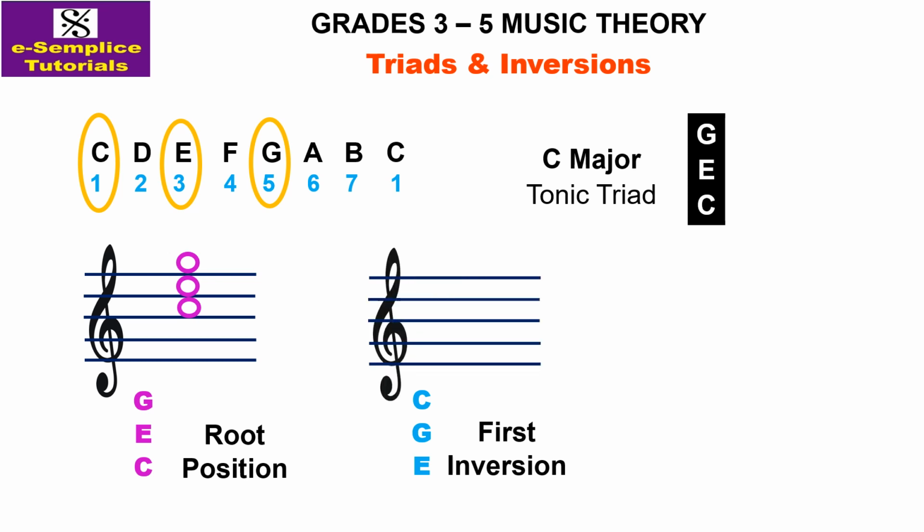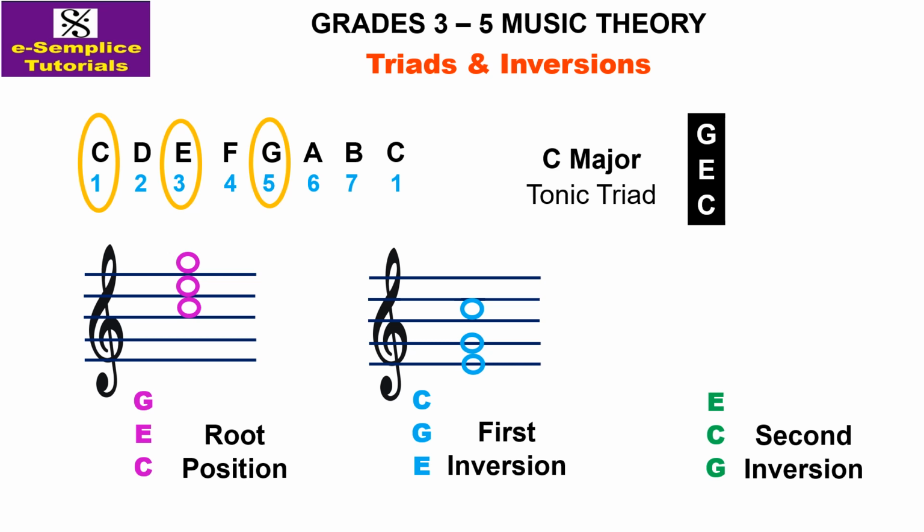We now have E at the bottom, G, and then C. This is first inversion because C has now gone up and E is now at the base.